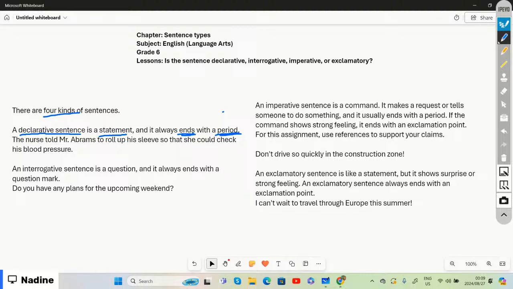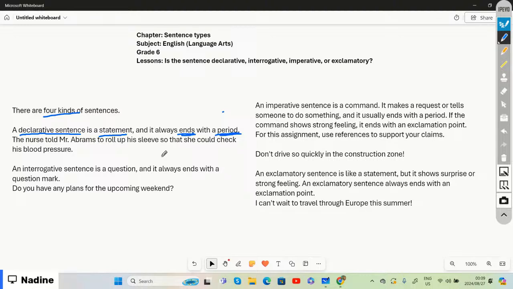It's like you're just asking, Mr. Abrams, is it possible for you to roll up your sleeve so that we can check your blood pressure? So that is basically just a statement being made by saying that this is what the nurse told Mr. Abrams. So that is just a statement.